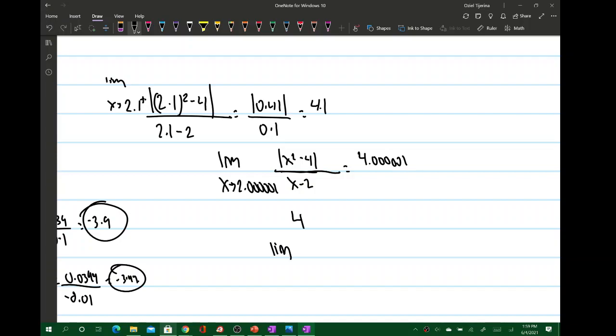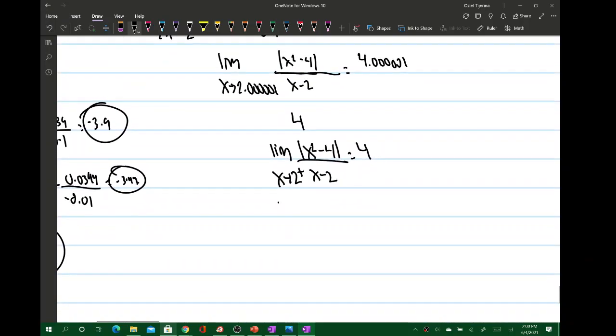So the limit as x approaches 2 from the right of the absolute value of x squared minus 4 over x minus 2 will be 4. And the limit as x approaches 2 from the left of the absolute value of x squared minus 4 over x minus 2 is going to equal -4.